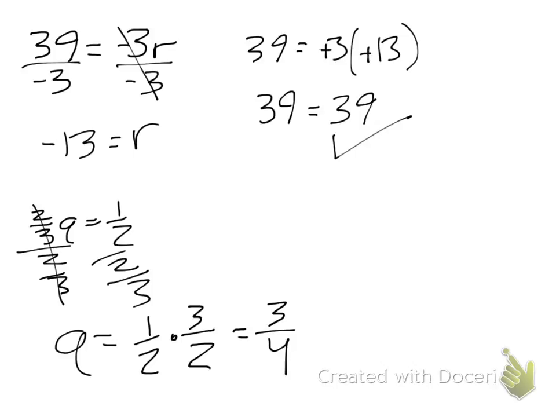Now, I'm going to go back up here. I'm going to redraw it and say, was there a different way to do this? Could I have multiplied instead? Yes. Well, what happens if I said, let's just multiply by the reciprocal to both sides?